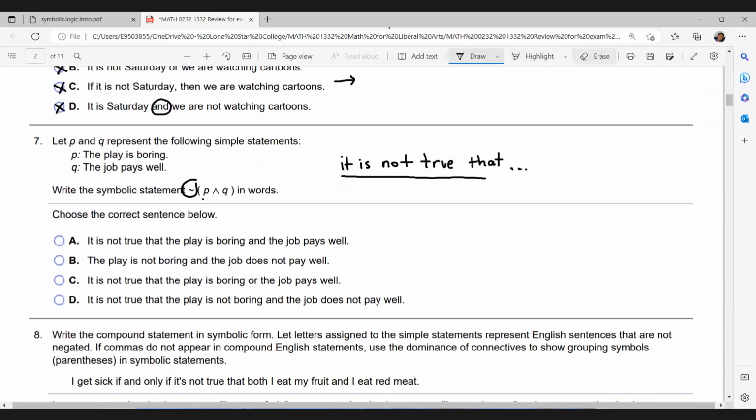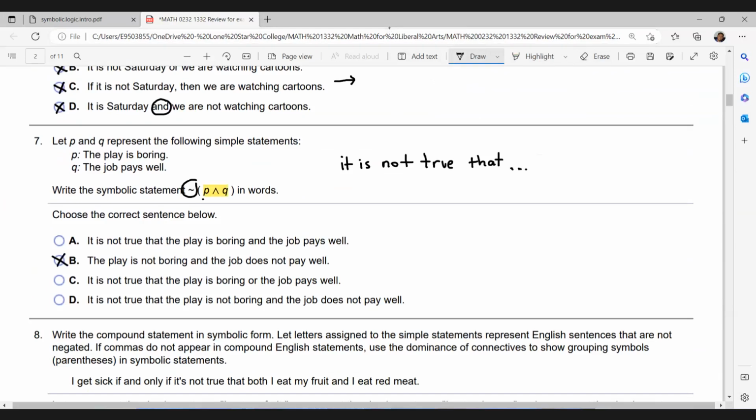So what is the blah, blah, blah? It's going to be this, which is the play is boring and the job pays well. So it is not true that the play is boring and the job pays well. Right now what I'm going to rule out is definitely answer choice B. It seems like C and D begin sort of the same way: it is not true.